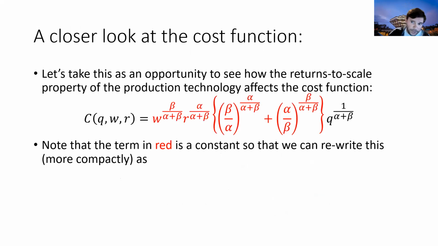So what I'm going to do is I'm just going to use the variable omega as a placeholder for that constant. Okay? So this whole cost function is some constant times Q to a power that depends inversely on alpha and beta.